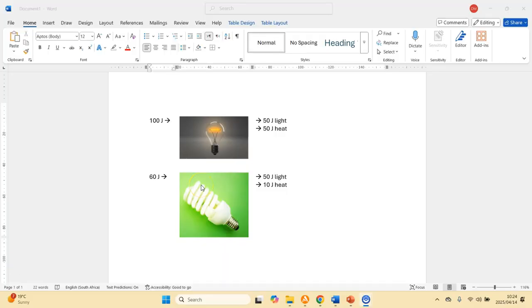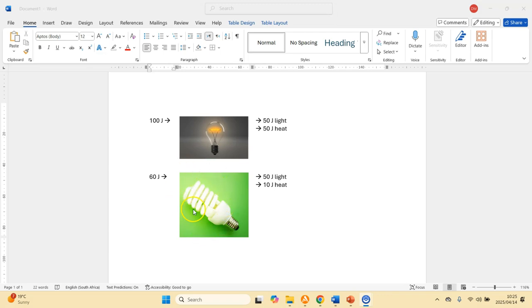Just to provide you with a visual, and keeping in mind that I'm completely making up numbers here: if I have 100 joules of energy going into my tungsten light bulb, let's say half of that is released as light, 50 joules, and half of that is released as heat. And remember that the heat energy is wasted energy.